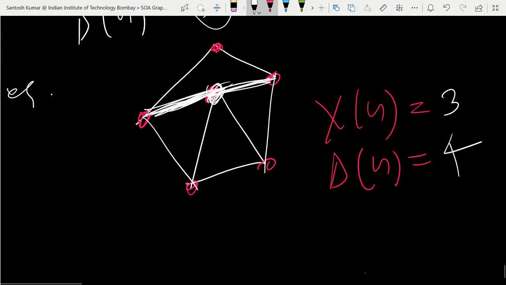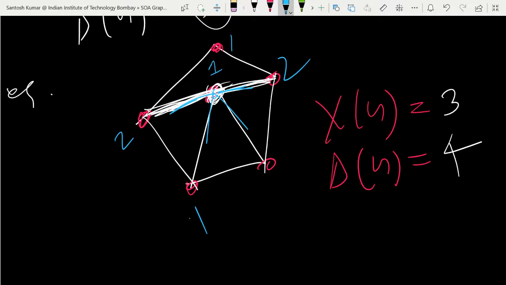Yes, so this vertex has degree 4: 1, 2, 3, 4. And chromatic number you can simply decide 1, 2, 3, 2. Oh, some problem is there, so let me change it.